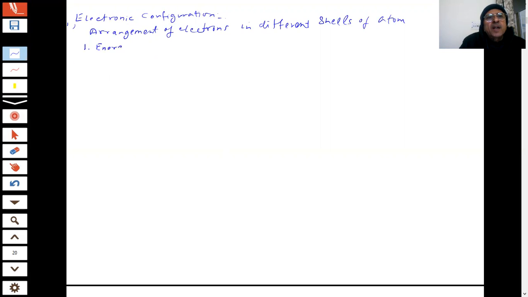And the simplest one, we said, is represented by a value of n, which is called the principal quantum number. These energy levels are given by a number, the principal quantum number, which I am showing as n.